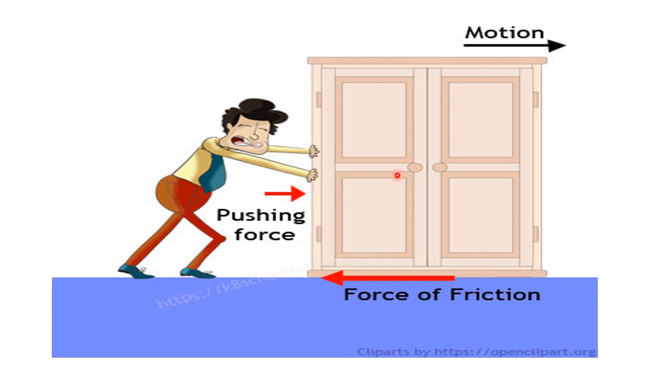So when we exert a force, naturally there is an opposite force. That force is friction, exerted by the floor. So if there are two surfaces in contact and an object is moving, we can find that there is a frictional force.